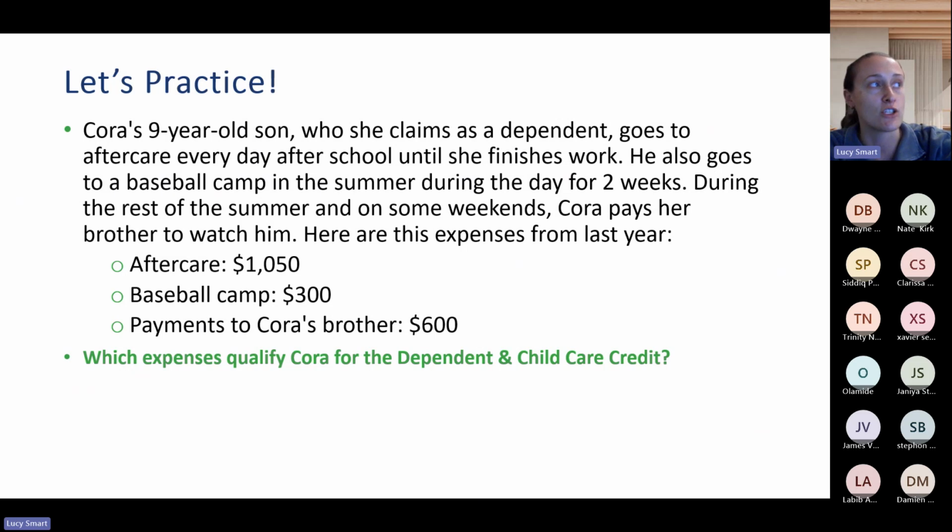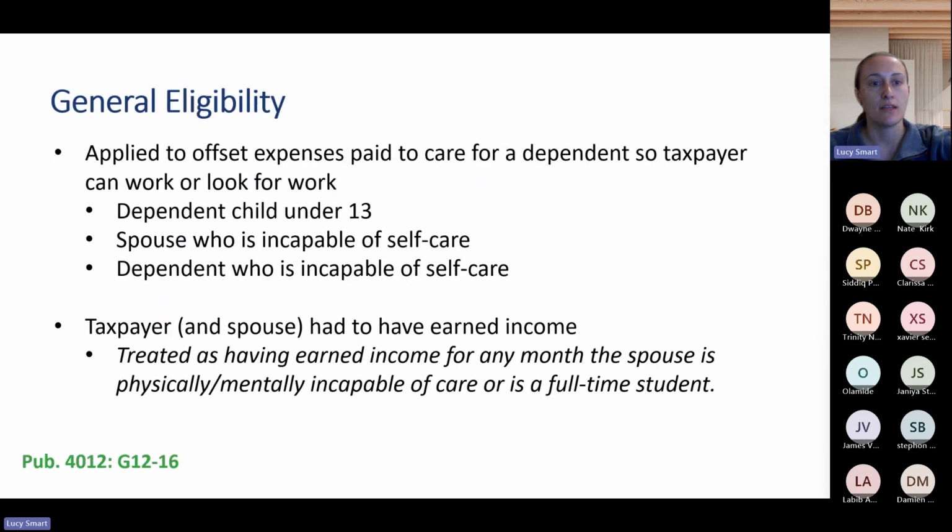Does aftercare after school count for Cora's 9-year-old son who she claims as a dependent while she's at work? Yes, Trinity, that's right. Aftercare does count. What about baseball camp? It's during the day, and we'll assume she's also working while he's at camp. We can go back to our eligibility.